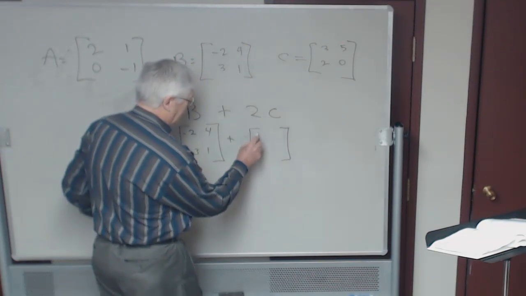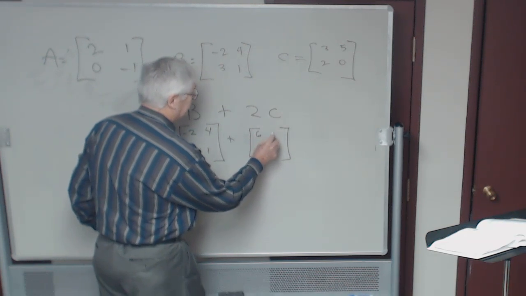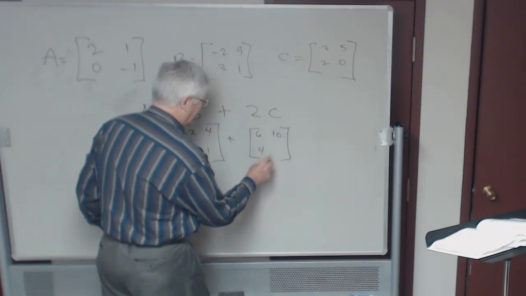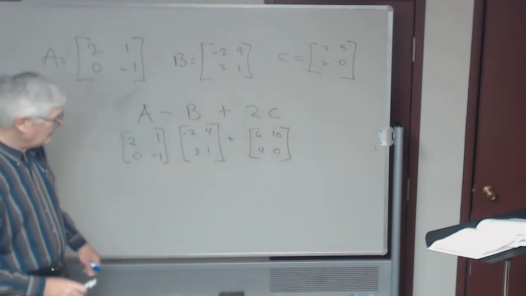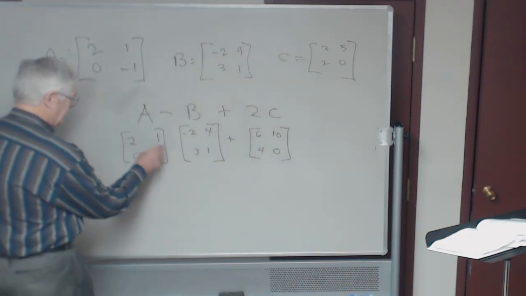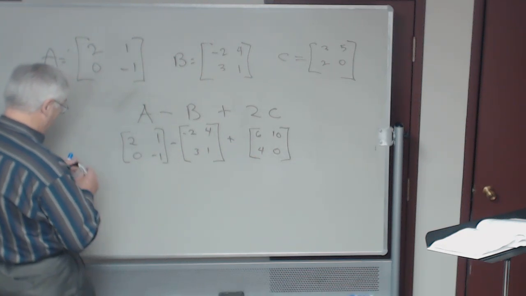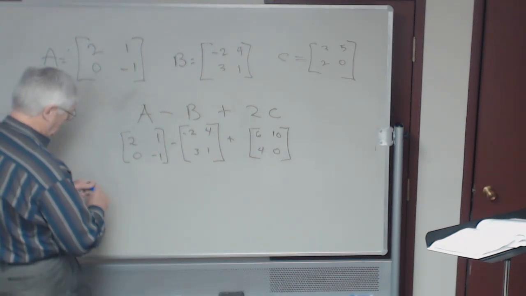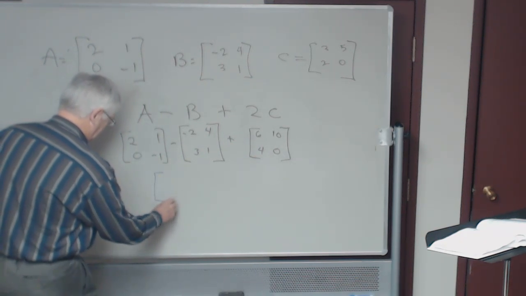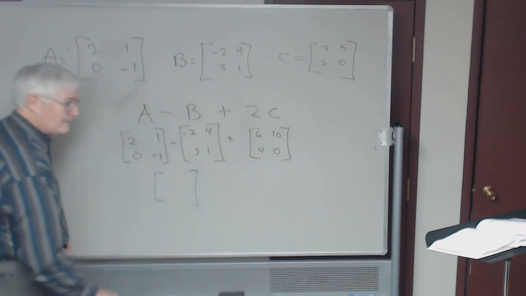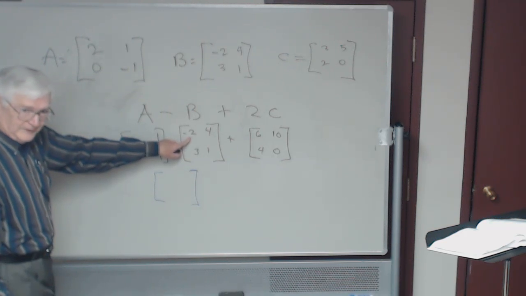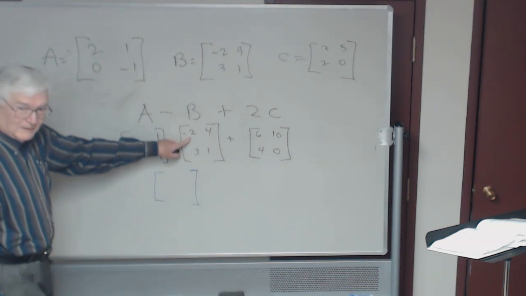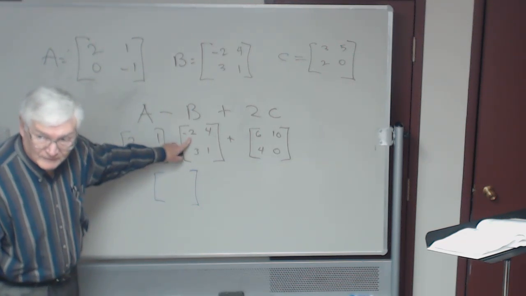What's 2 times c? 6, 10, 4, 0. Do you see how I got those numbers? So now, what's this one minus this one? What would that be? Two minus negative 2 would be, say it out loud, 4.